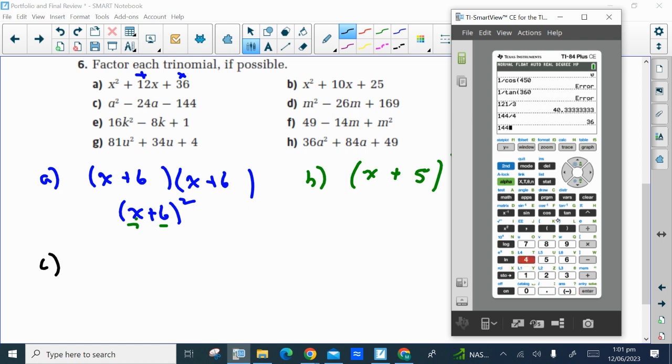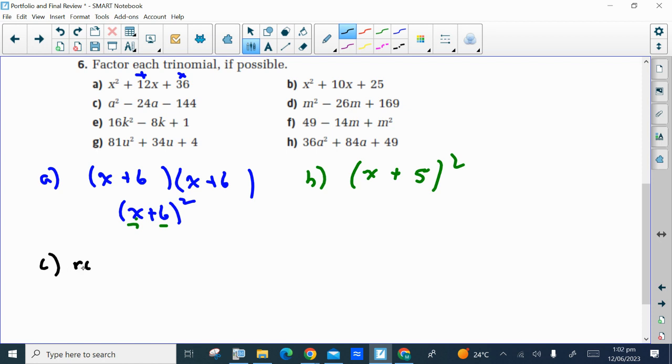So let's go 144 divided by 8. 8 and 18 do give you, when you multiply together, 144, but they add to get 26, not 24, so that doesn't work. I'm trying to find two numbers that might multiply together to get 144 and add or subtract together to get negative 24. 144 divided by 9, I think, is 16. Yes, but 9 and 16 add to get 25, not 24. So I don't think there's any factors for this one.